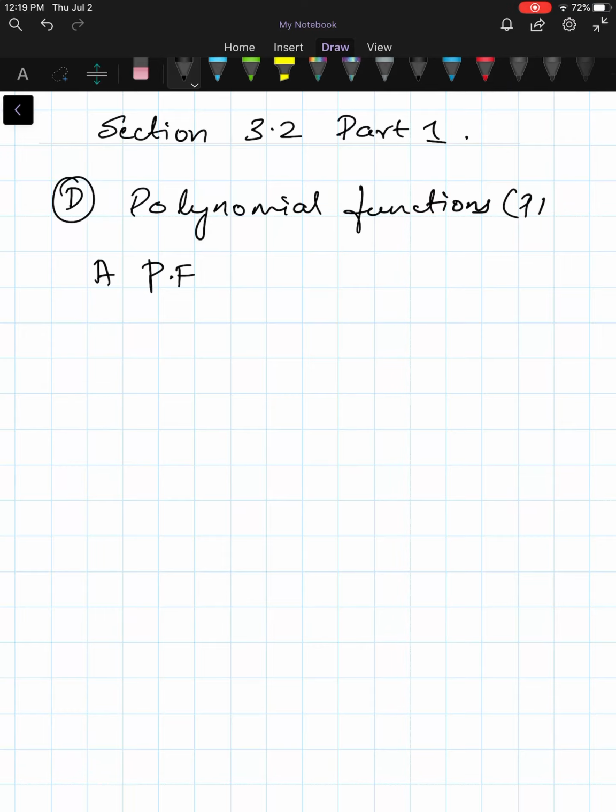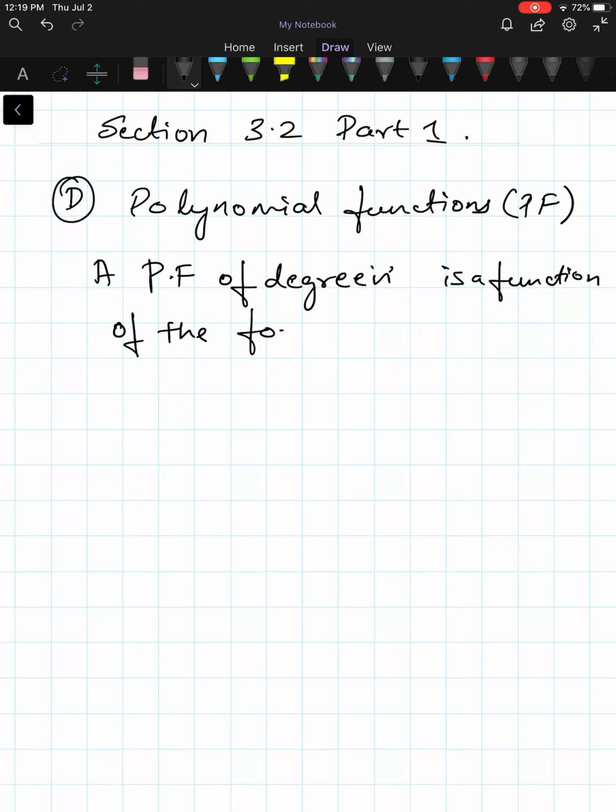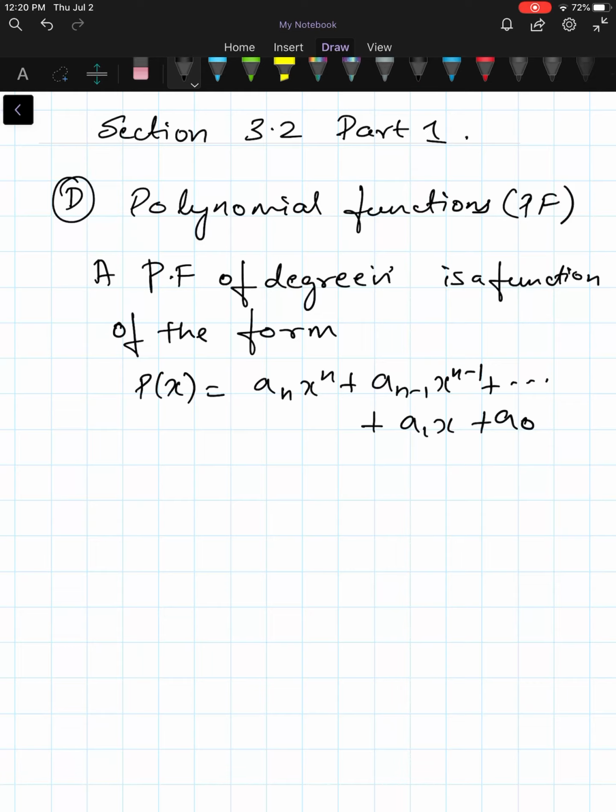A polynomial function, I will abbreviate polynomial functions as PF. That is my abbreviation. A polynomial function of degree n is a function of the form, denoted by P of x equals a_n x^n plus a_(n-1) x^(n-1) plus and so on, going up to a_1 x plus a_0, where n is a non-negative integer.